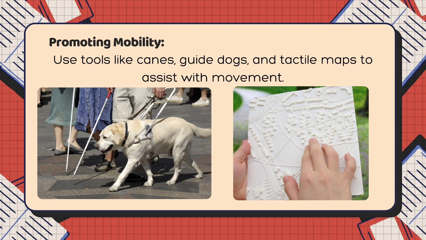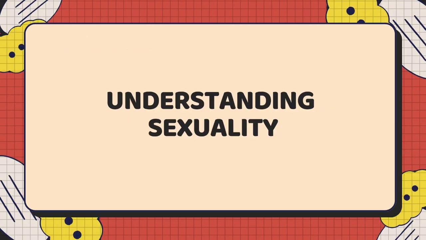So it is a map that is brailled for those who can't see. And now moving on, we will be tackling understanding the sexuality of those who have multiple disabilities.